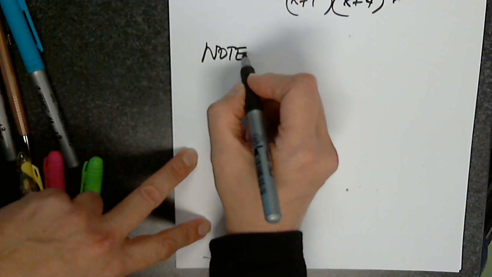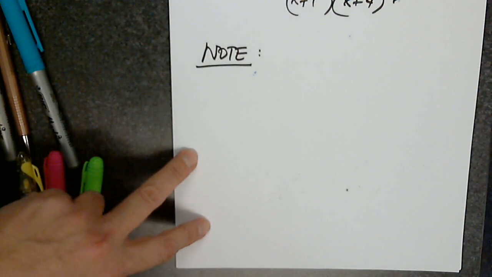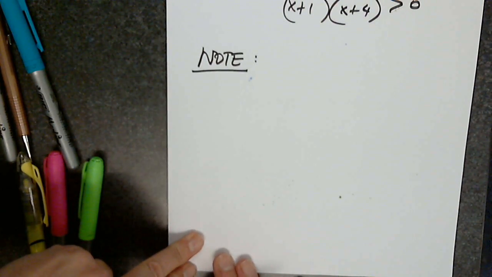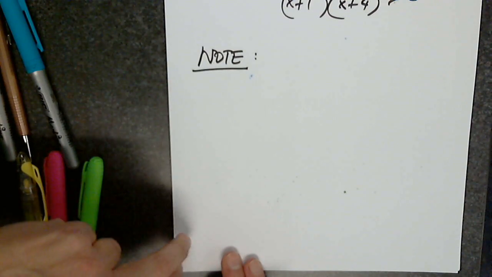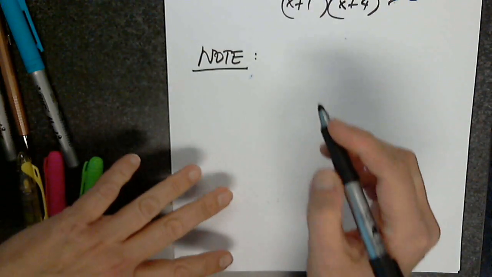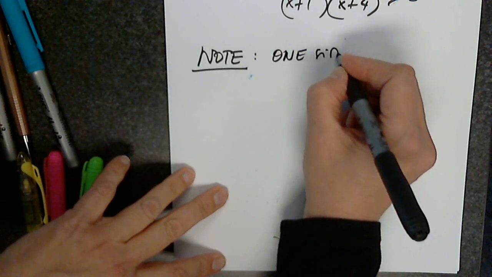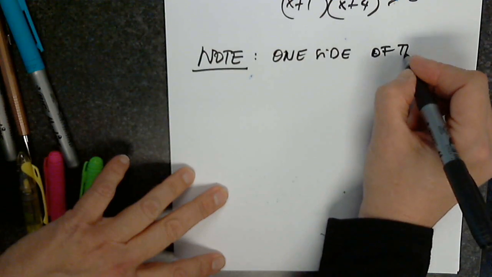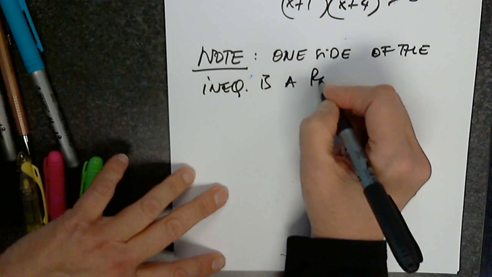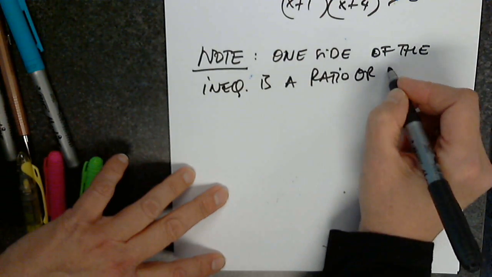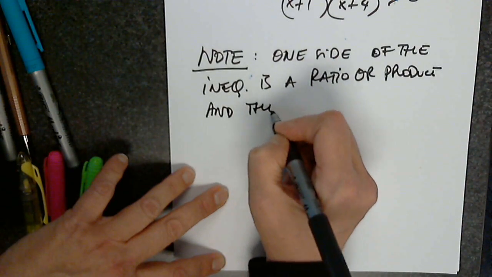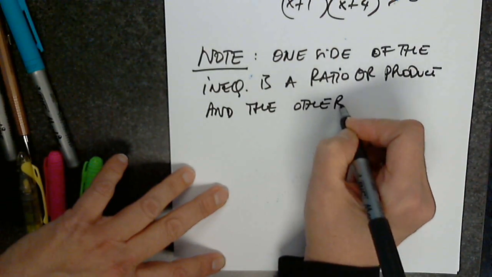Note, if you want to use the method I like to use when I solve polynomial or rational inequalities, then you have to make sure that one side of the inequality is a ratio or product, and the other is 0.